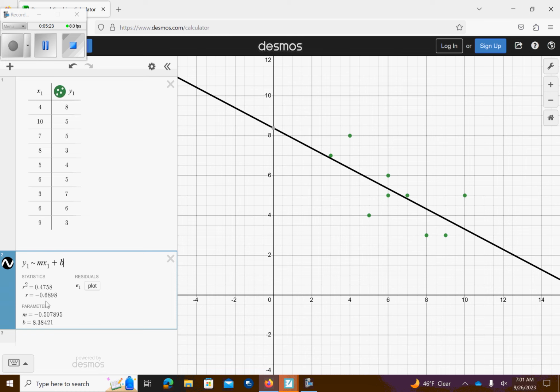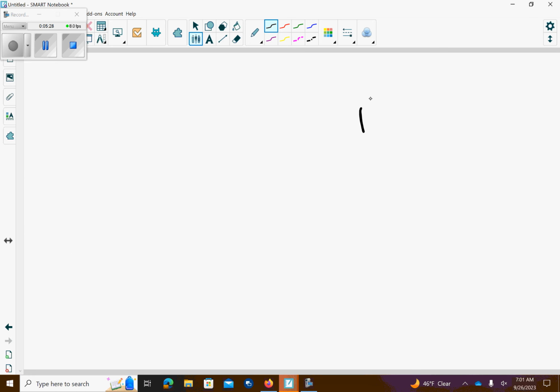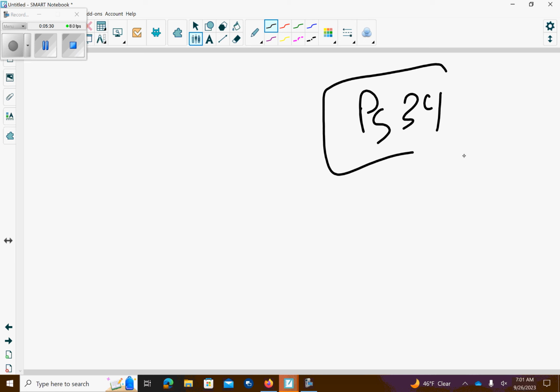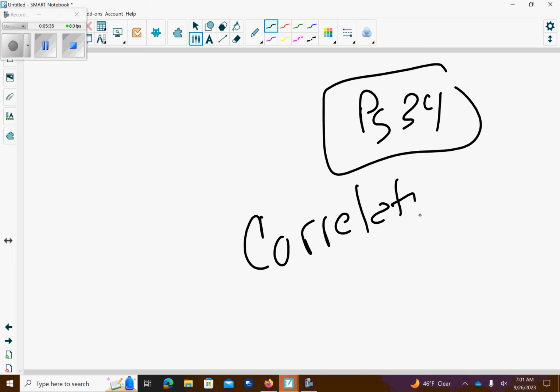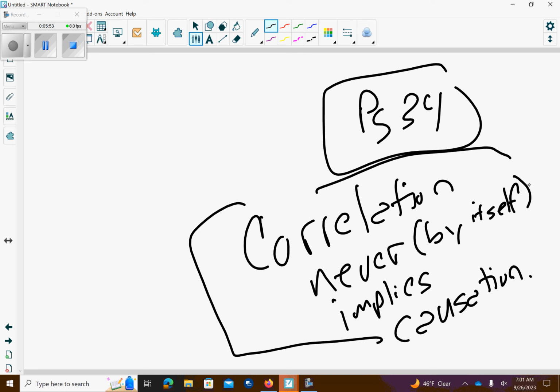So the number one most important thing, so we're on page 34, in all of statistics, is correlation never by itself implies causation. Okay, so highlight that. It's already bolded on your thing, but maybe highlight it, earmark it, write that down.